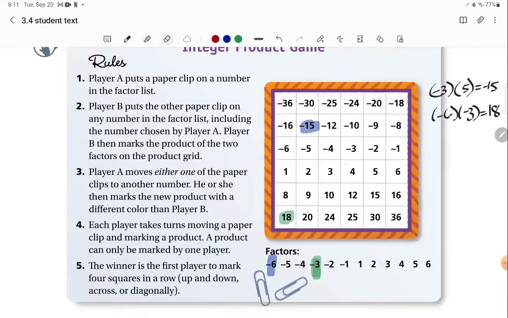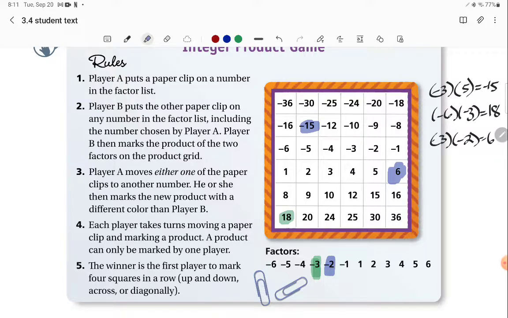Let's say they want to move theirs again, to -2. They move theirs to -2, and so that product right there, -3 times -2, gives you 6. And so up here, they are going to mark 6. There it is.